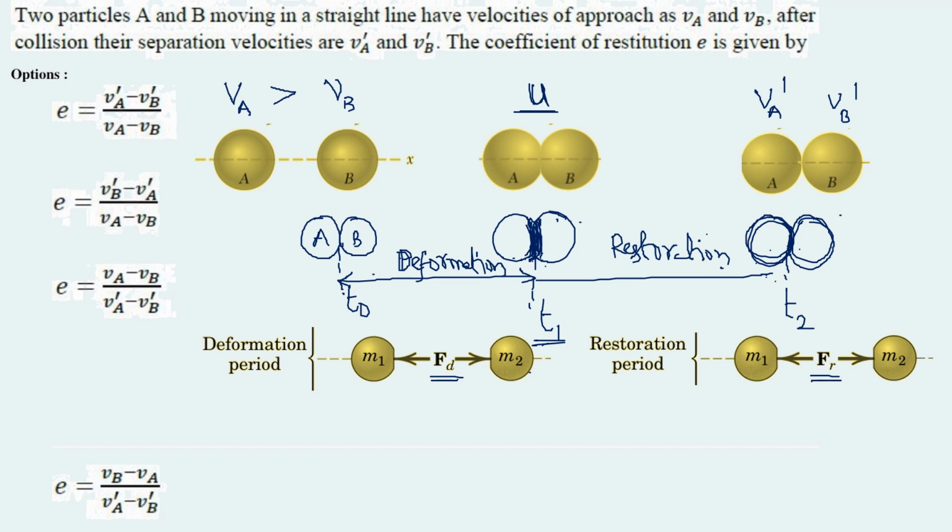Now let's find the forces. The deformation force on particle A is the integration from t0 to t1, the period of deformation, of Fd, the impulsive force during deformation, times dt, which is equal to the change in momentum, that is mA times (VA minus u).